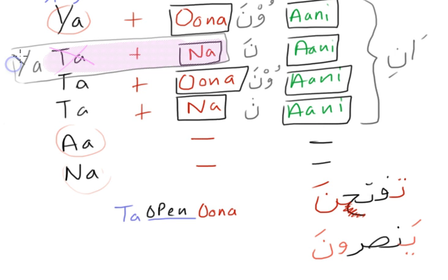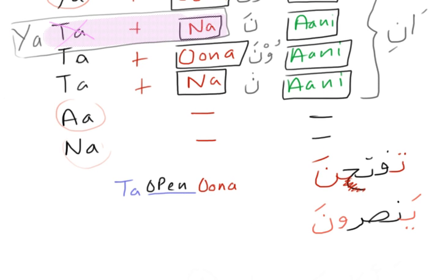So let me give you an example. Let's say I want to say they studied. The word for study is da ra sa. If I want to say they are studying, then instead of adding a ta at the beginning, I add a ya, and at the end I add noon.